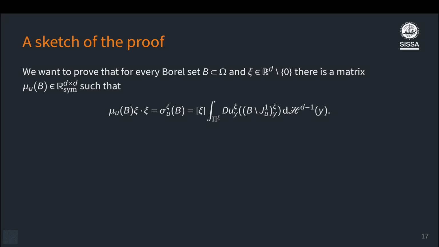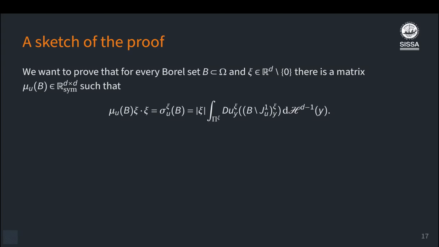Once you know that for every Borel set you can construct such a matrix, it's easy to see that this defines a measure, as a map from the Borel sets into R^{d×d}. So the really complicated part is constructing this matrix mu u of B. Here on the left we would have a quadratic map, and what we would like to show is that this is a quadratic function.